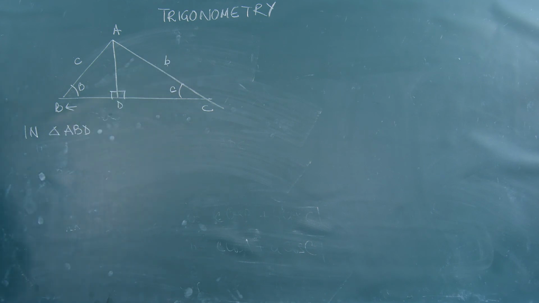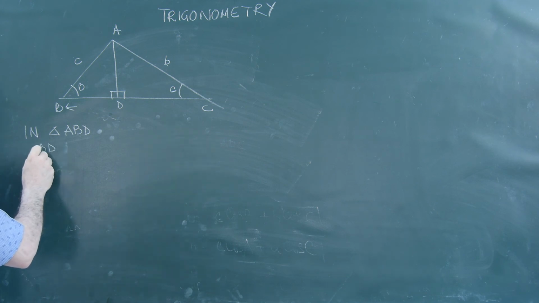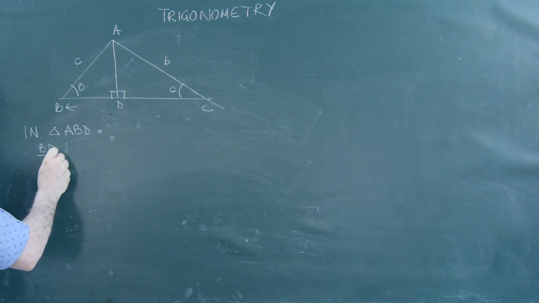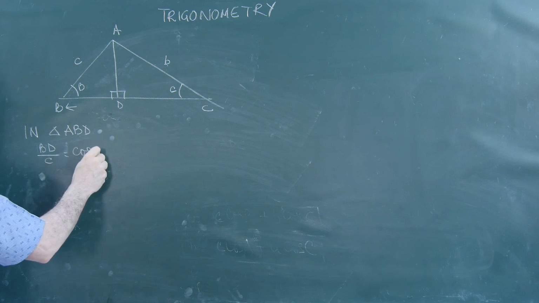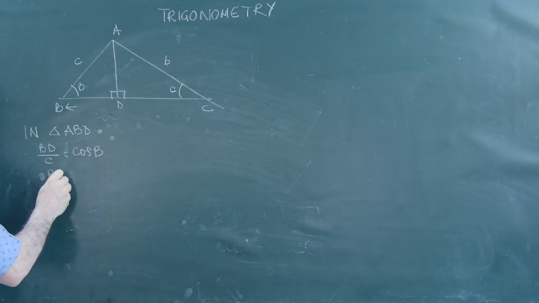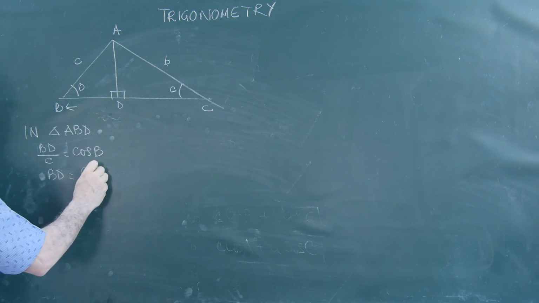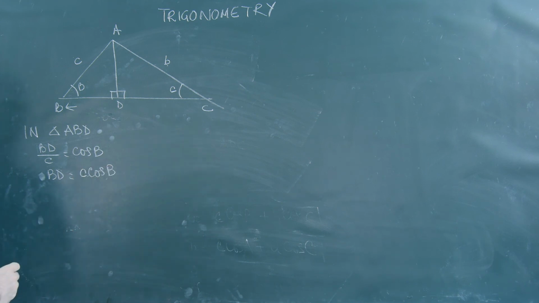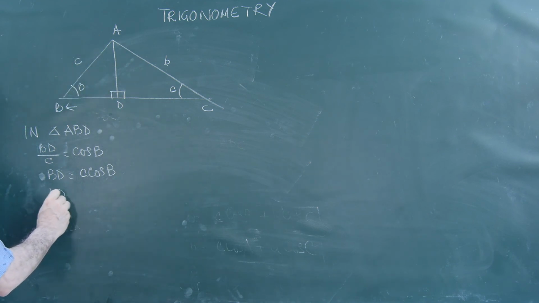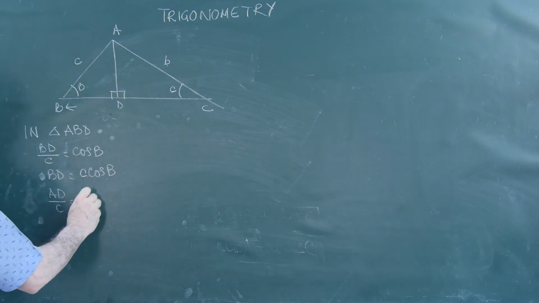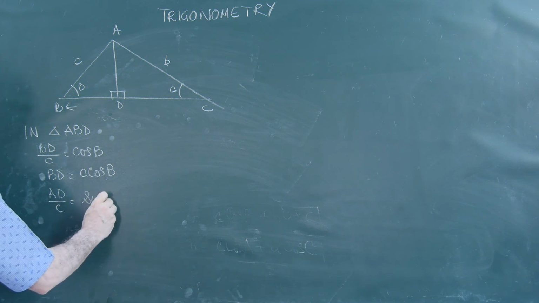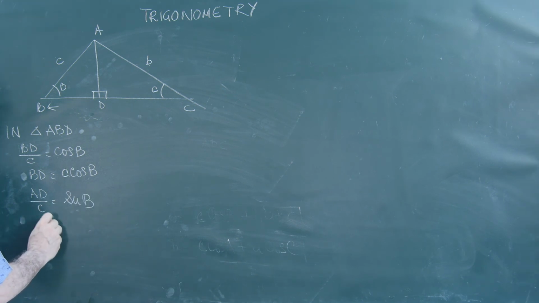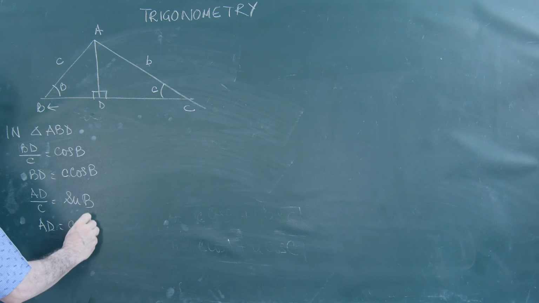In triangle ABD, this length BD, which is base upon hypotenuse c, will be cos B, or BD will be c cos B. c is small, please. And similarly, if I calculate AD upon hypotenuse c, it is equal to sine B, or AD will be c sine B.